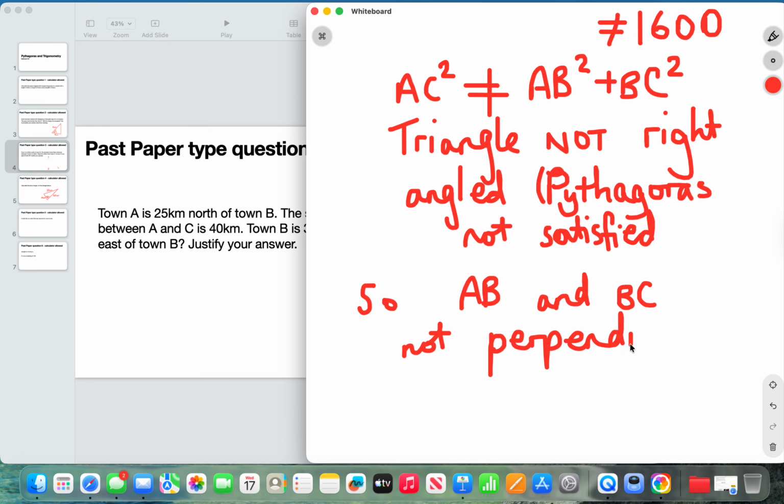If I can remember how to spell that, I think I've got it right.